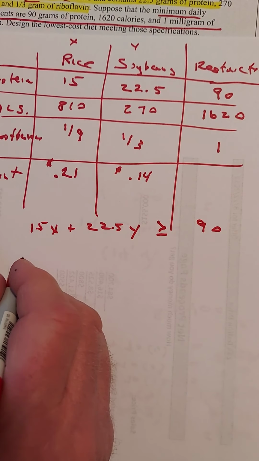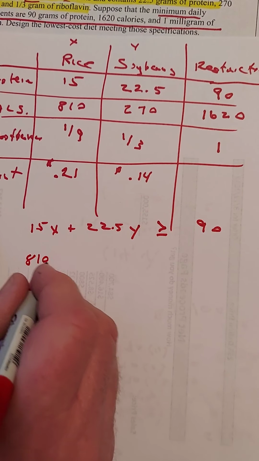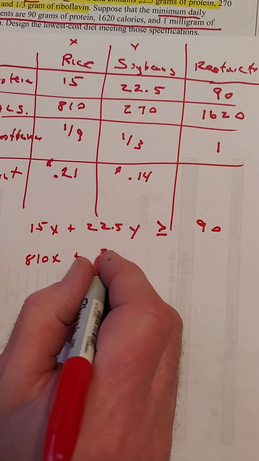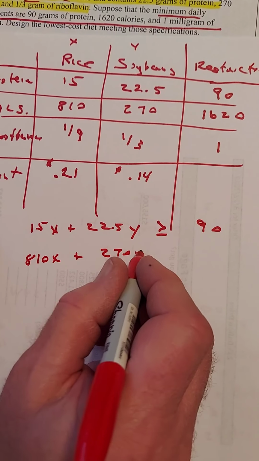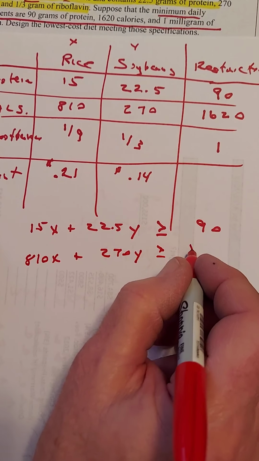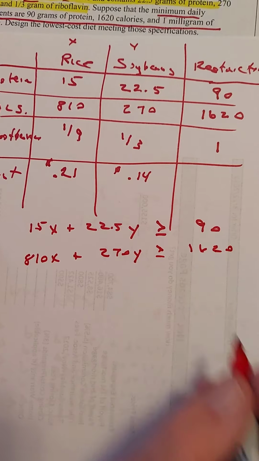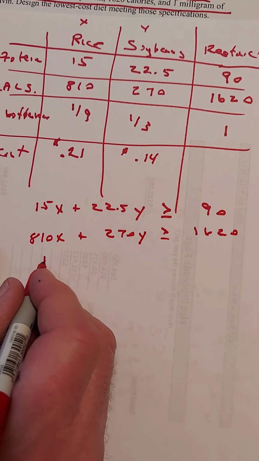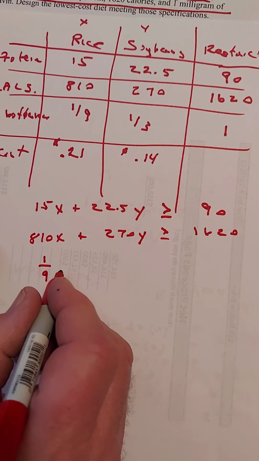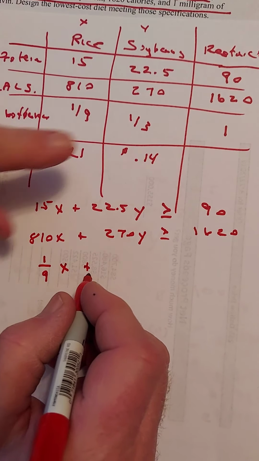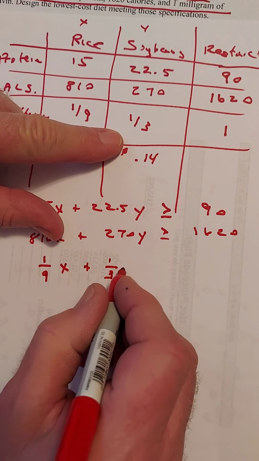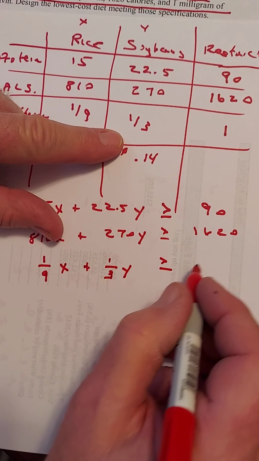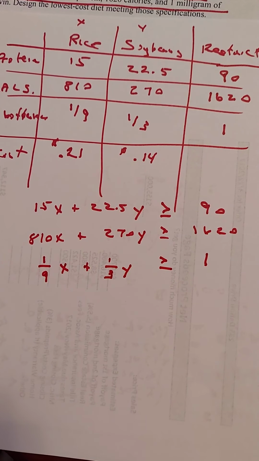My second one was going to be 810x plus 270y greater than or equal to 1,620. And then I'm going to have 1/9 x plus 1/3 y greater than or equal to 1.